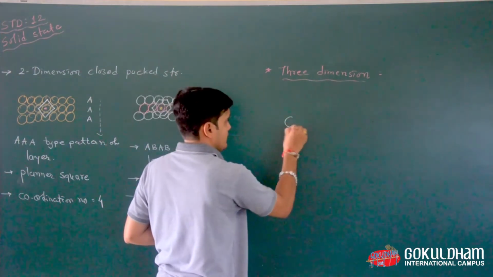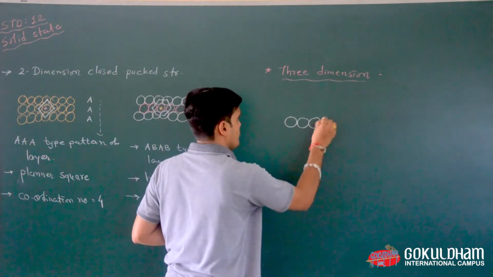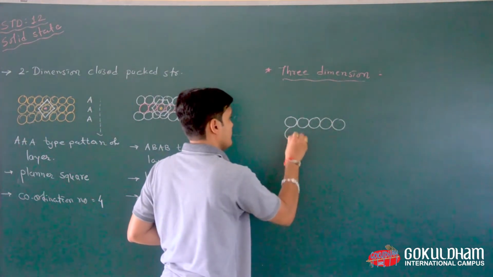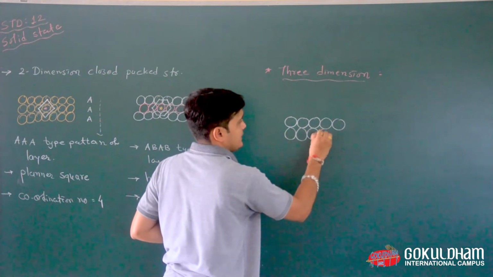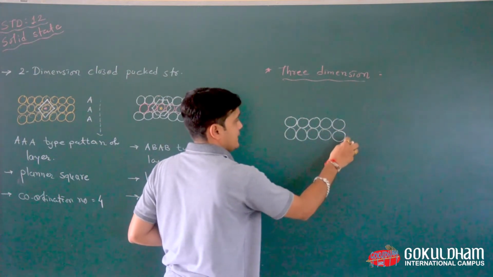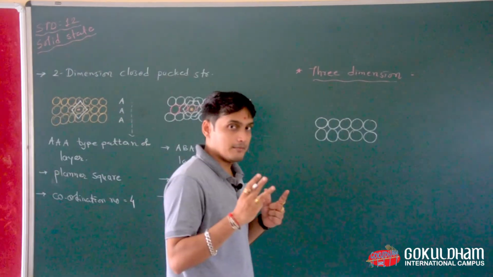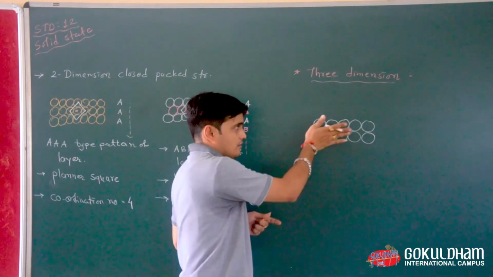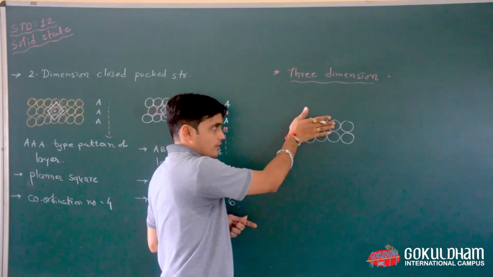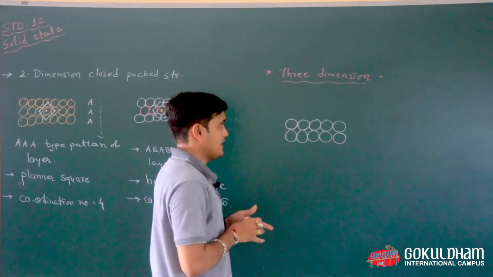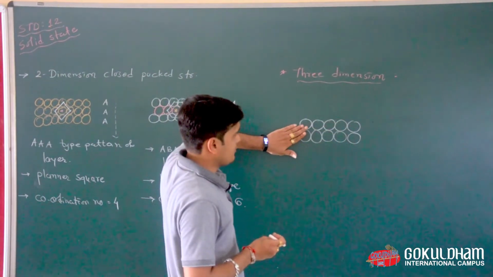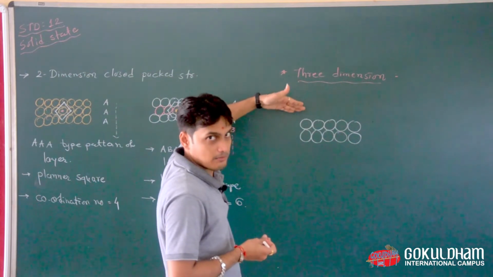You see the basic arrangement of two layers is the same as the AAA type, but in the third dimension the layer is on the front side of you as well as the back side of this layer or this blackboard.